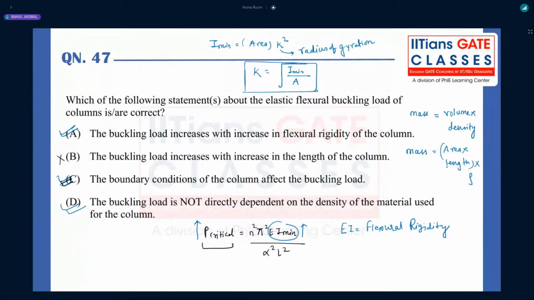Here length is also fixed and mass cannot be changed, so what I will observe is that area into density will be constant. So maybe area will depend on density, then only the product will be constant. So overall moment of inertia can change in an indirect way, right? Directly we cannot see. So I think, according to me, D should also be correct, right? Getting my point, all of you?